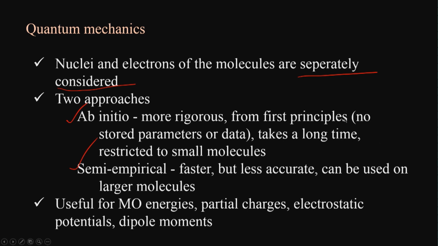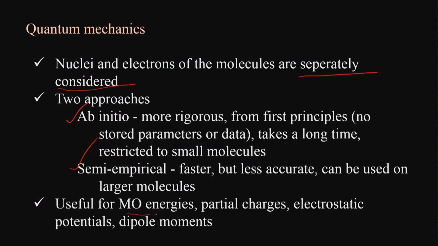So ab initio calculations are done only for few atoms, whereas semi empirical contains a lot of stored parameters, it has got some empirical equations, relationship, it is less accurate and it can be used for larger molecules. So it is much more practical for drug discovery like our area. So it is more approximate than ab initio, but we can go to hundreds of atoms, okay.